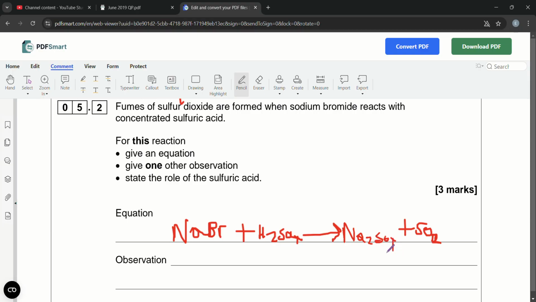So NaBr plus H2SO4 gives Na2SO4 plus SO2 plus Br2 plus 2H2O. I'm going to have a 2 here and a 2 here. 2 NaBr plus 2H2SO4 arrow Na2SO4 plus SO2 plus Br2 plus 2H2O.